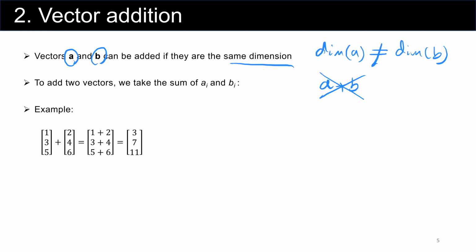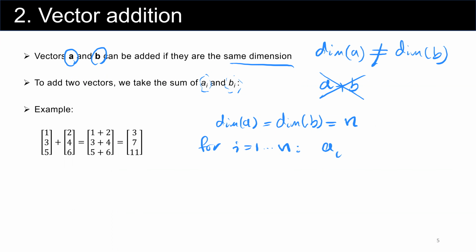To add two vectors, we simply take the sum of A sub i and B sub i. Let's say the dimension of A is equal to the dimension of B, which is n. For i from 1 to n, we say A sub i plus B sub i, and let's call this C sub i.